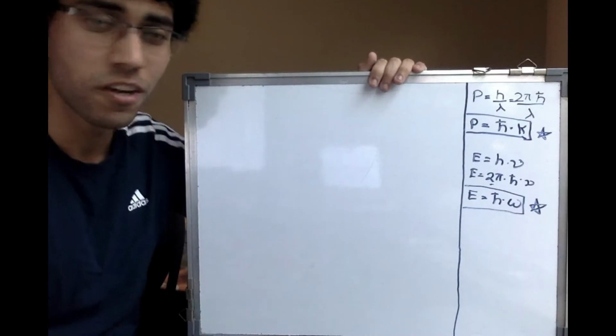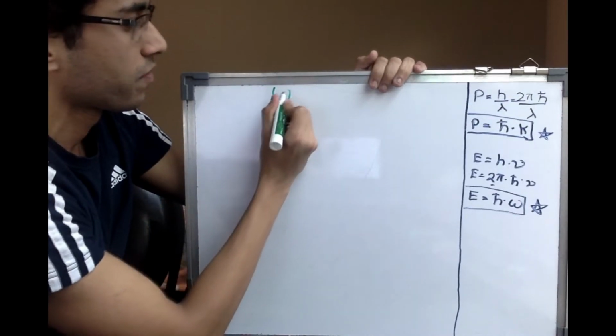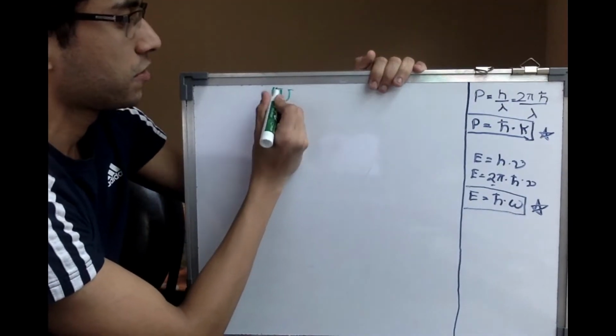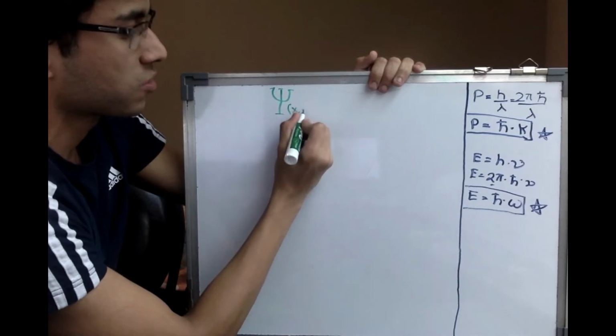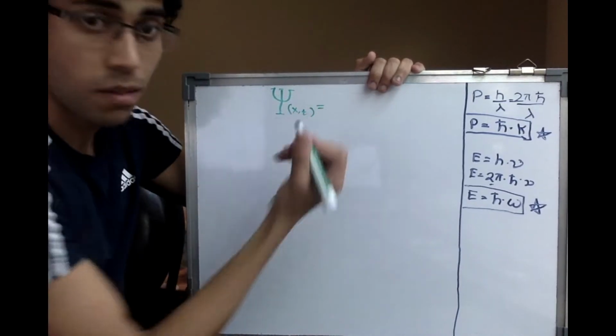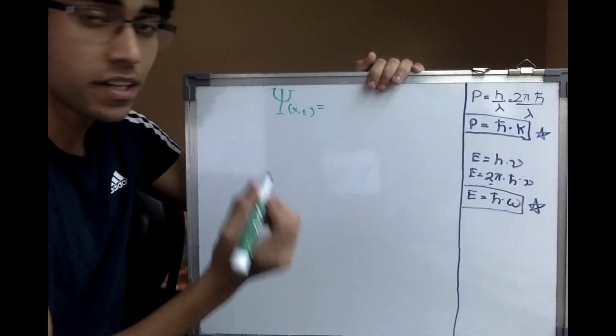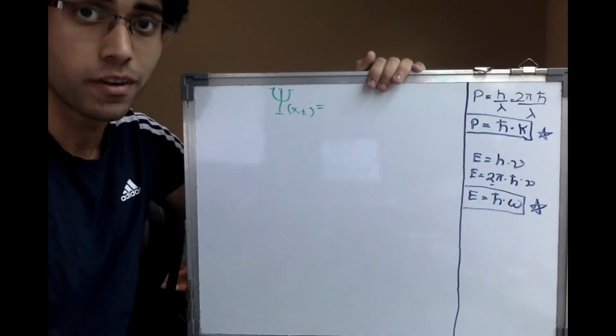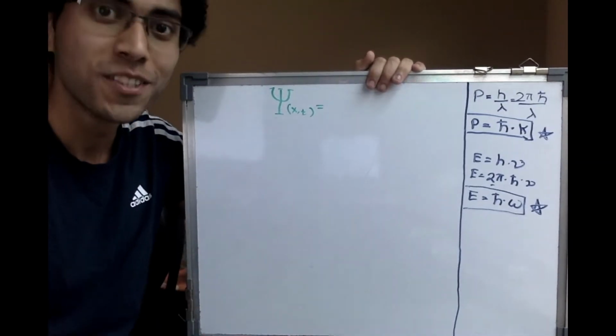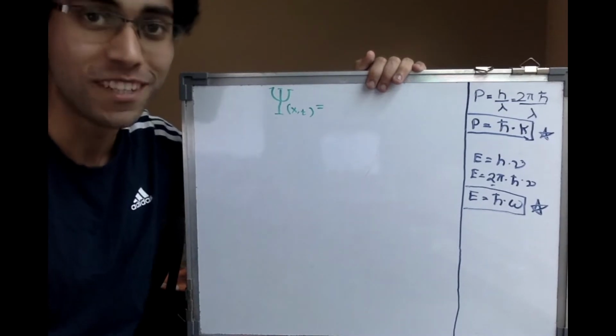So let's take our wave function psi now. So my psi of x comma t is a plane wave, because this will be a very convenient wave function for us to calculate further energy operators and also the Schrodinger equation, which we will get to very soon.